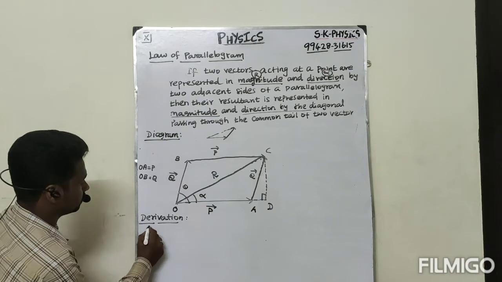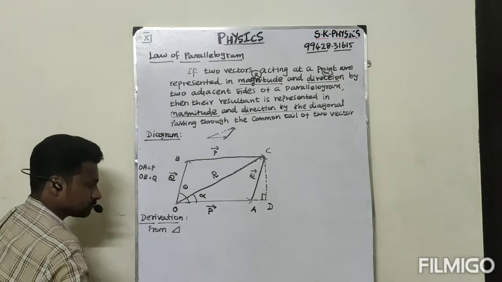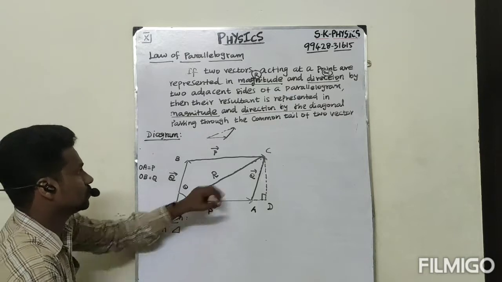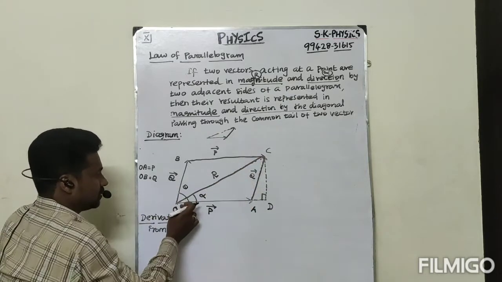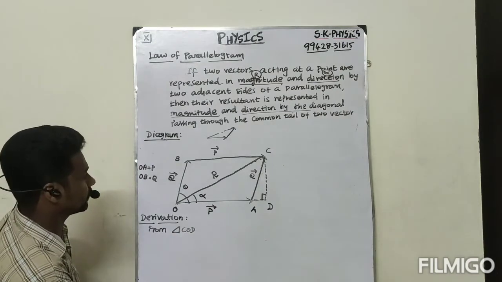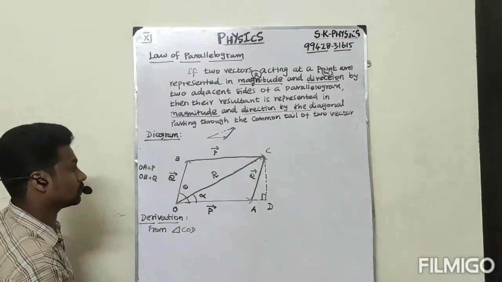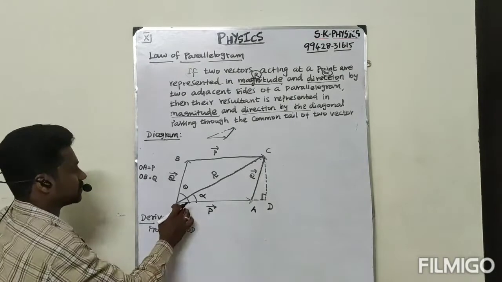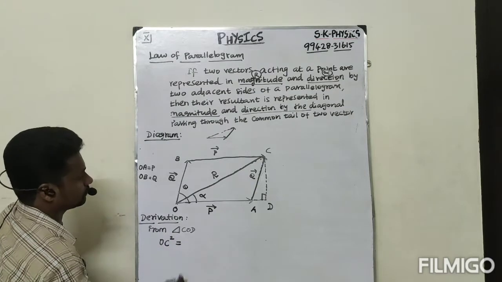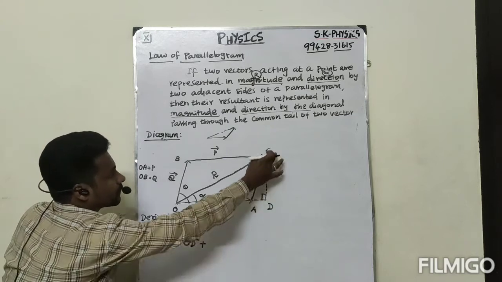First we take the big triangle, the right triangle. This is triangle OCD, or COD. From triangle COD, by using the Pythagoras theorem, I can write OC squared is equal to OD squared plus CD squared.